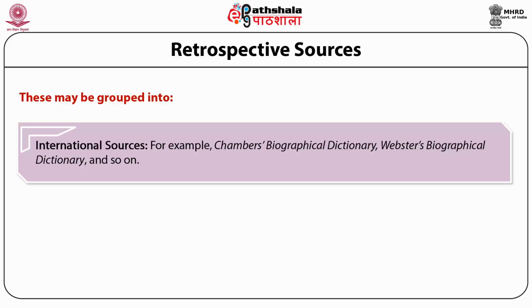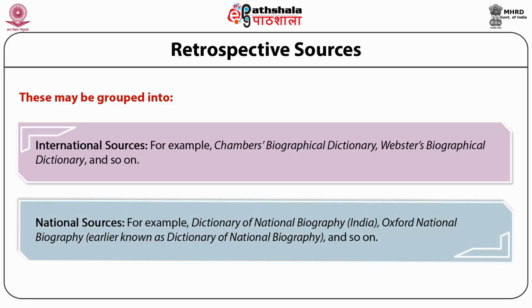Webster's Biographical Dictionary covers about 30,000 people. National sources. For example, Dictionary of National Biography, India. This is in 4 volumes and is being updated by supplements. Oxford National Biography. Earlier it was known as Dictionary of National Biography, and so on.